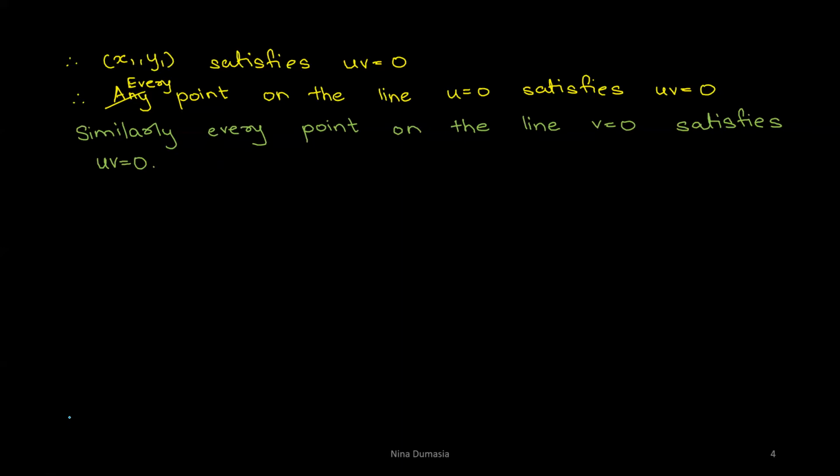Now we need to do the opposite. Now what we have to do is we have to see that if there is any point on uv is equal to 0, then is it on u is equal to 0 or v is equal to 0. So for this we take one point, let's say r. So let r, let's call this as x2 comma y2, be any point which satisfies uv is equal to 0.